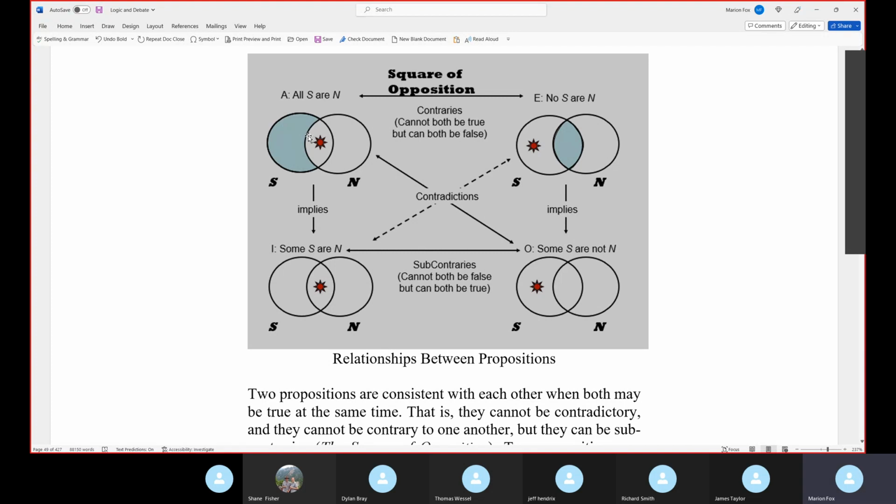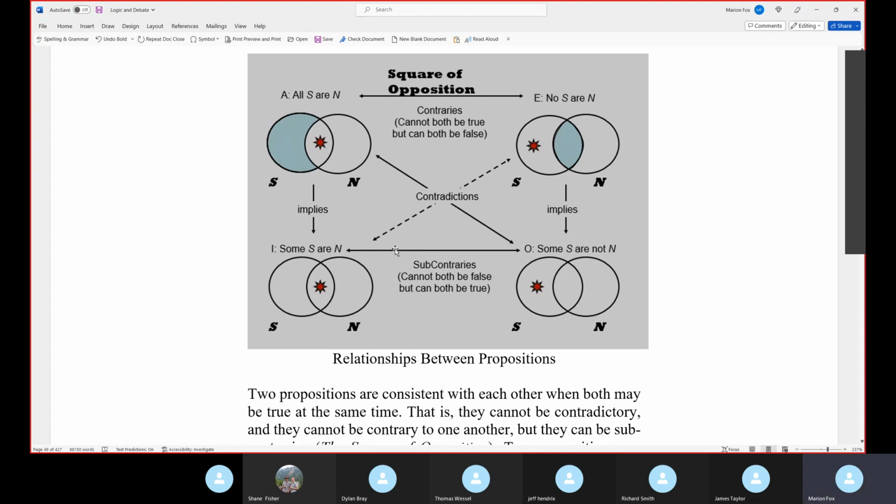Now, we could figure that out without all of this square of opposition. All Christians are baptized believers. Some Christians are baptized believers. If you falsify that at least one is a baptized believer, you falsified the A-type premise, but you did it indirectly.